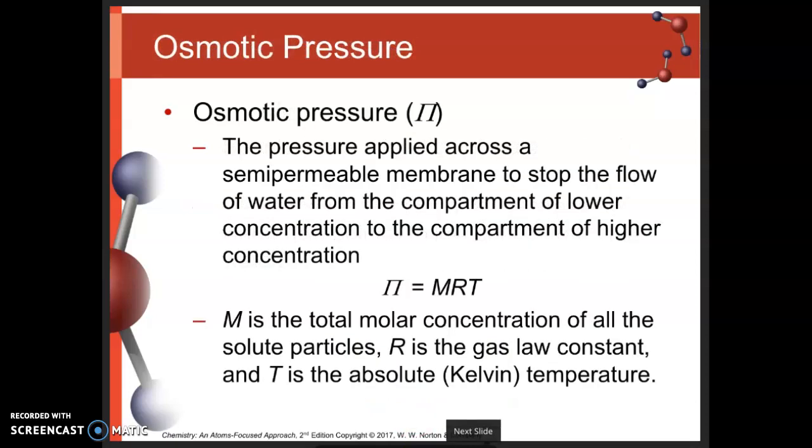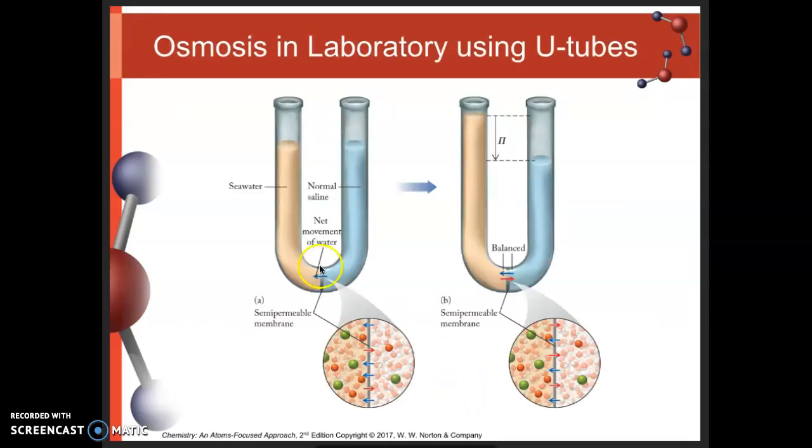Now, if we take that idea of a semi-permeable membrane and put it into other kinds of contexts. So here we have the use of a U-tube where we've got, again, water, in this case saline solution on one side, seawater, which is considerably more concentrated on the other side. And what we will tend to see is that the saline solution will flow through the membrane into the seawater solution in an attempt to even out the concentration.